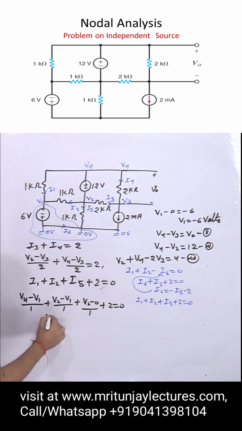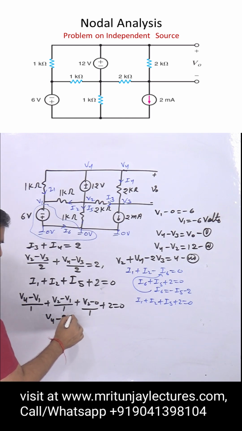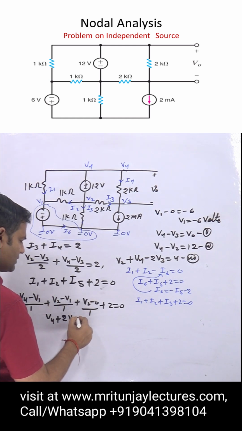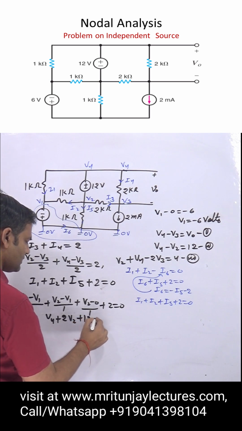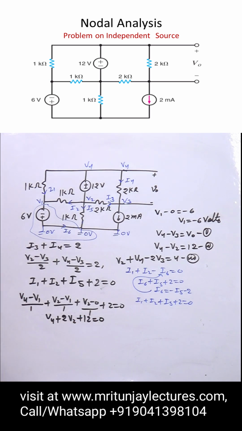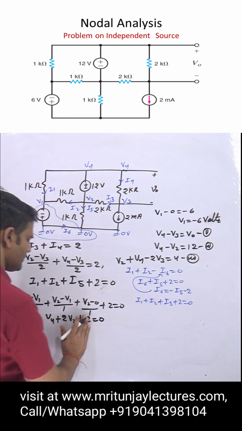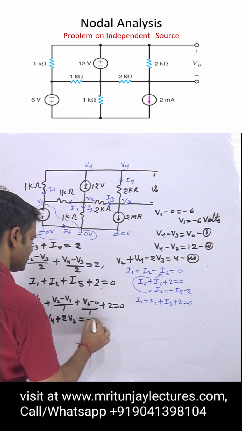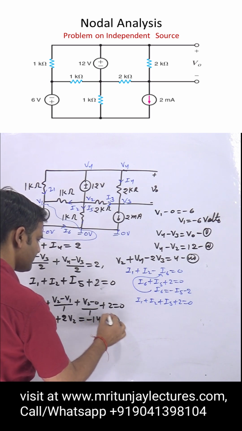So V4 plus 2 times V2, plus 14 will be equal to 0. Clear or not? Better to write this as equal to minus 14. Equation number 4.